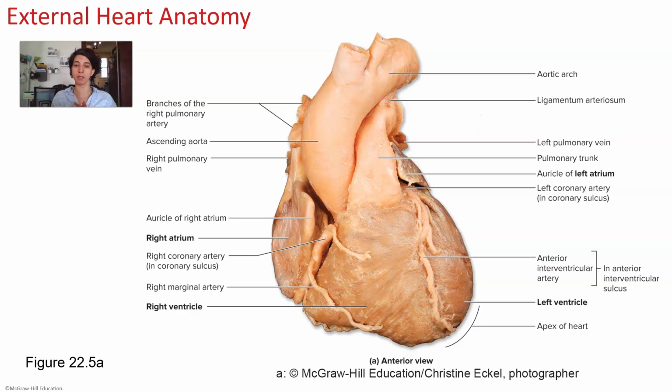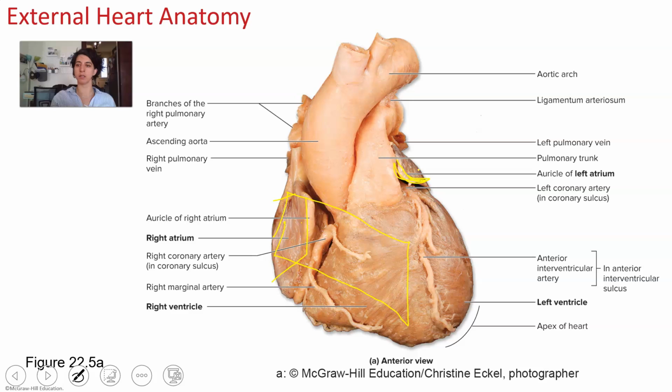But if you look at this image of the specimen, you should be able to, number one, tell me that we're looking at an anterior view. Okay, you should be able to see these flap-like, ear-like structures that tell you this is where my atria are. Because we see more of this side, here is your one auricle, here is your other auricle.